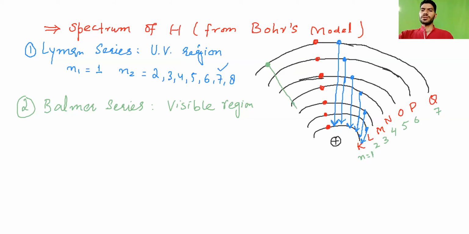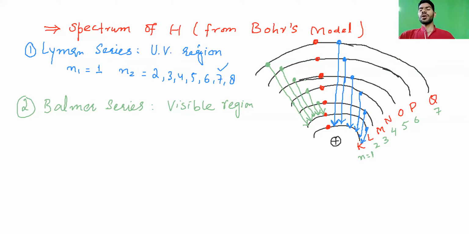Let's say this electron comes into this L. Similarly, an electron here also comes into this L. Let's say we had an electron in this O, it also comes back to L. Similarly, an electron in N also comes to this L. And an electron in M comes to this L. So at that time, we will get the spectra which will lie in the visible region.